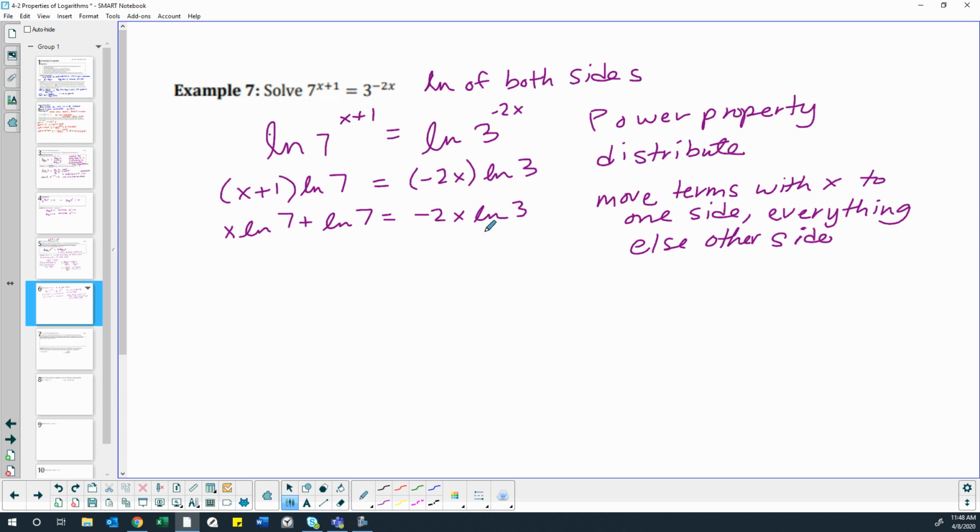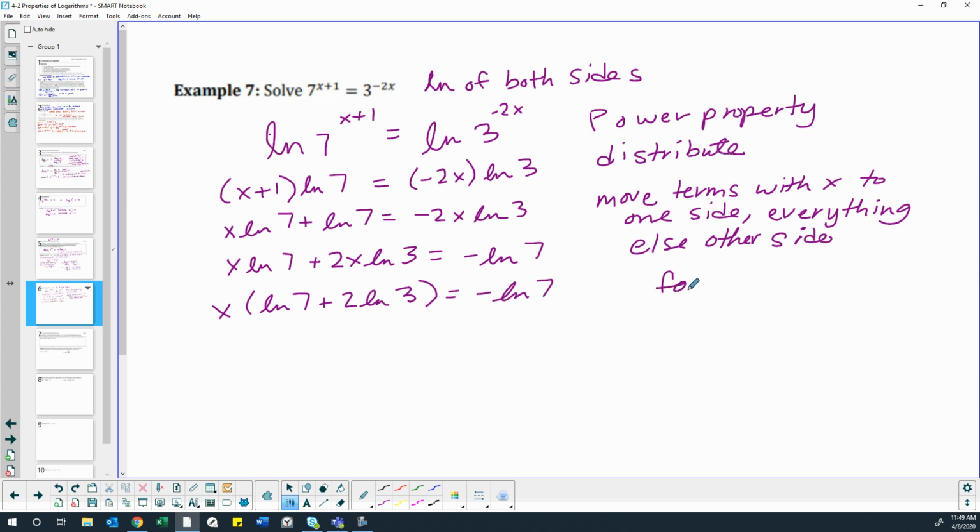I could move this over there, but then I'd have lots of negatives. So I think I'd rather move this part over here and move that over there, which is going to turn this negative, but I'm going to have it somewhere. So that'll give me x natural log 7. I'm adding the 2x natural log 3 to both sides. And then I'm going to subtract the natural log 7 from both sides. Now that I have that x on the same side here, I can factor it out. So I factored out the x.